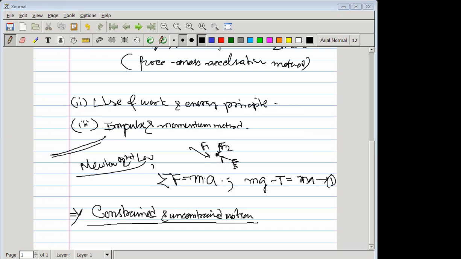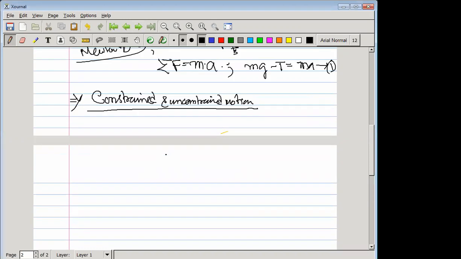For example, an aeroplane. If an aeroplane moves in the air, then due to its own force created by itself, it will change its motion.